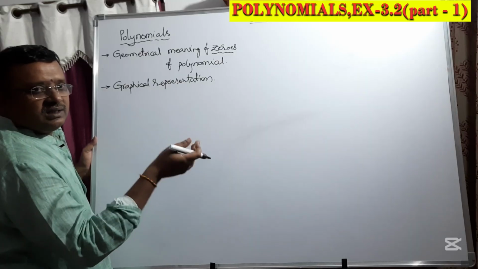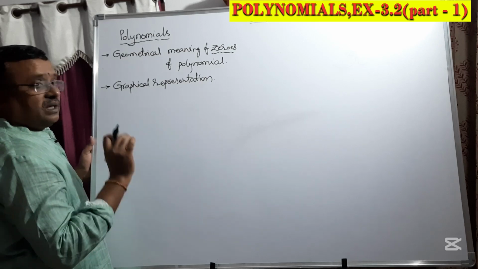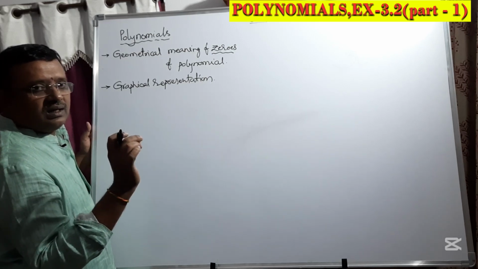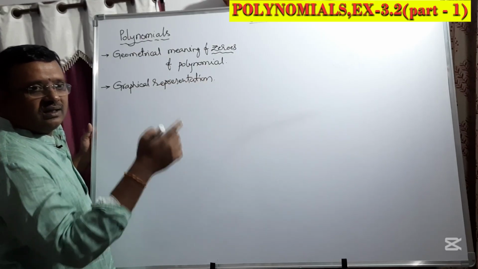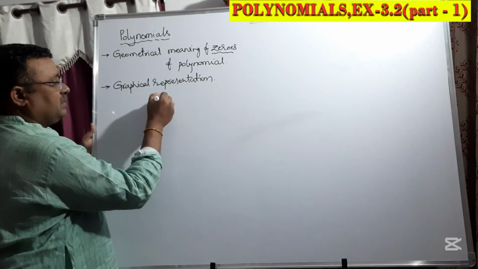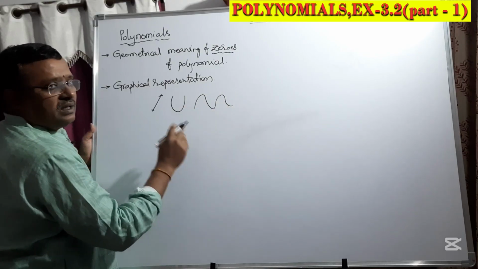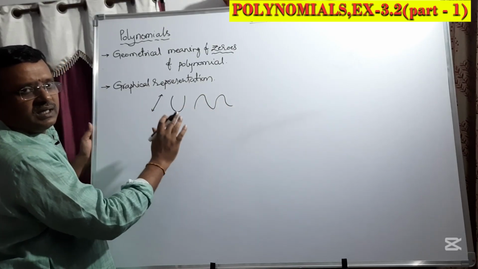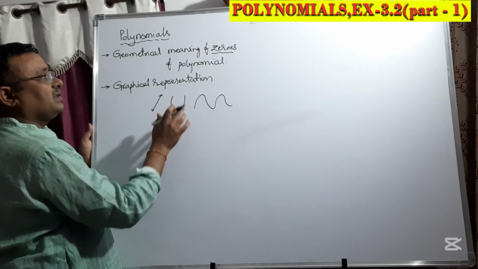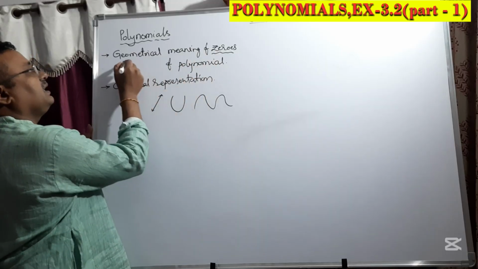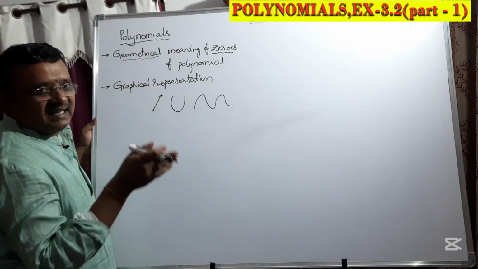In the Cartesian system, what is the meaning of zero of the polynomial? Every polynomial will represent a curve, like a straight line, like a parabola, or like this. This curve gives us zeros in its geometrical representation when it intersects the x-axis.